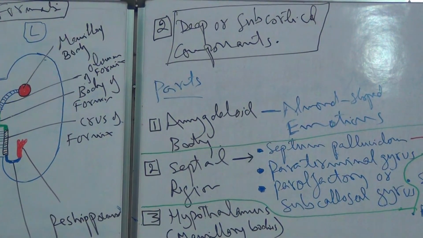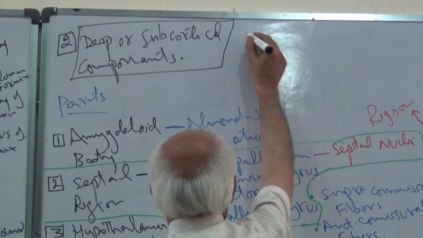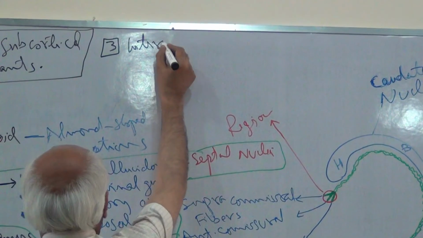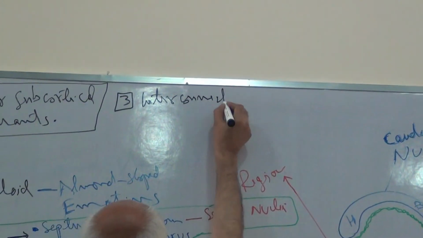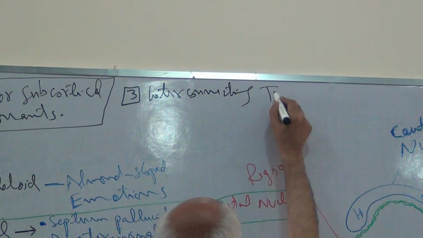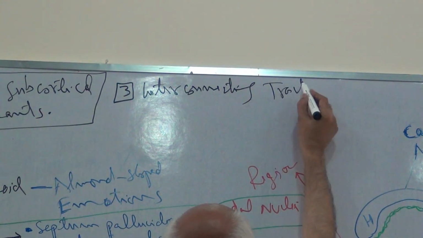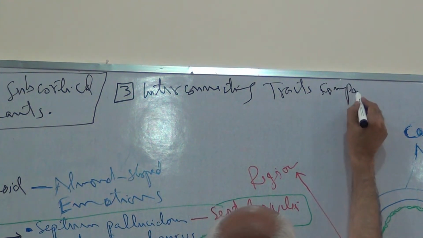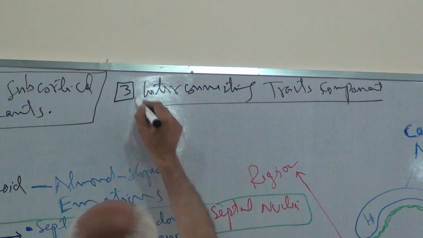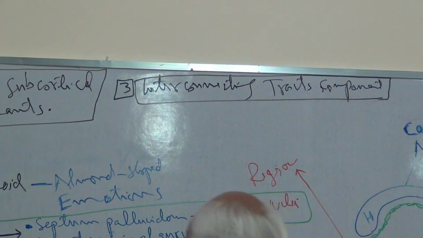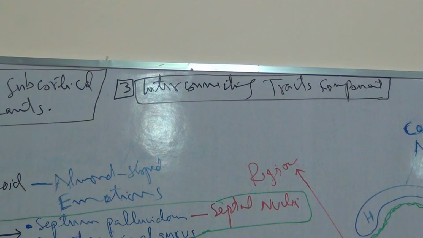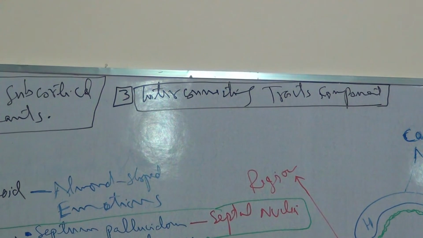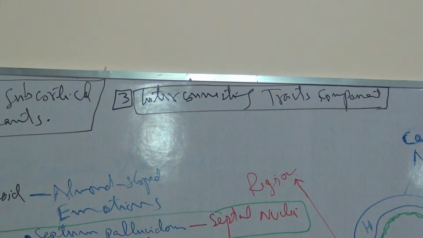And next one is the interconnecting tracts component. These bundles of nerve fibers or tracts interconnect the different parts of the limbic system. And what are these tracts?